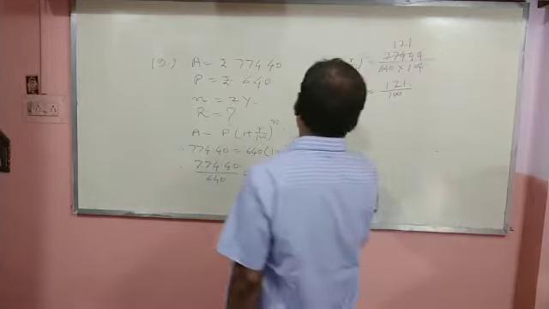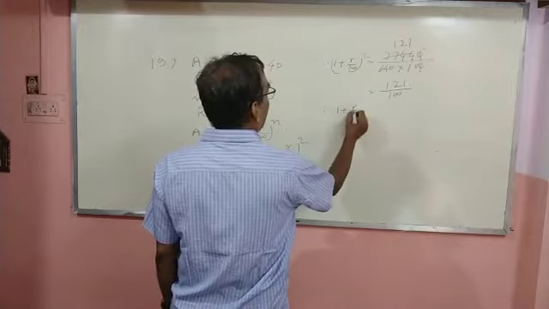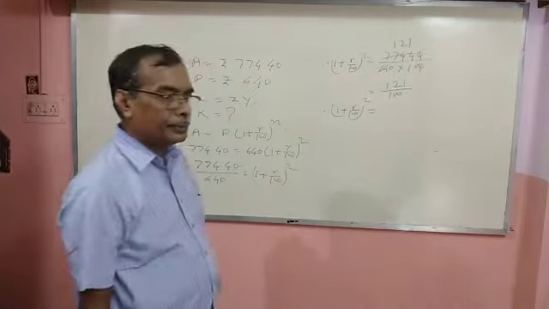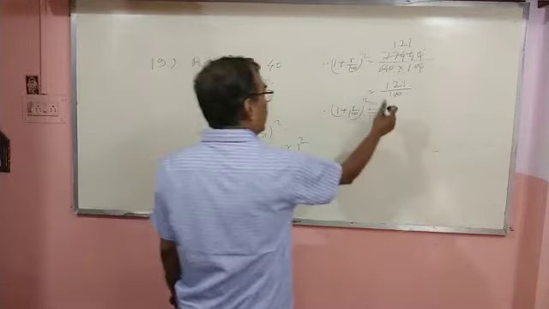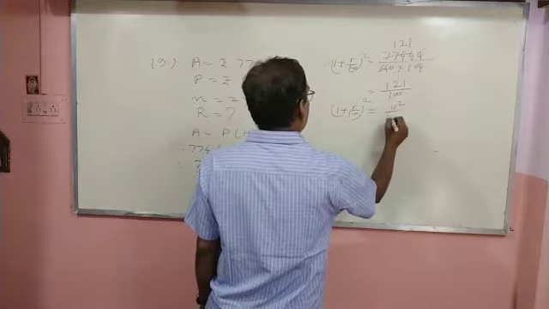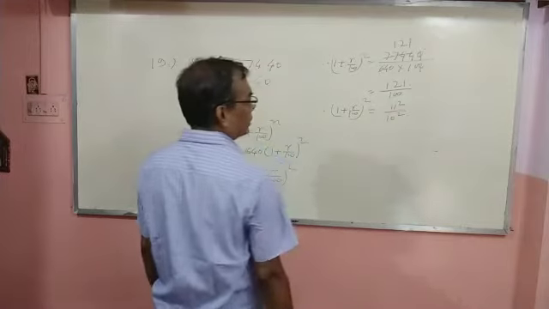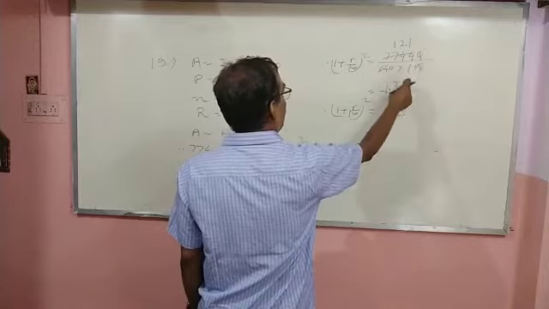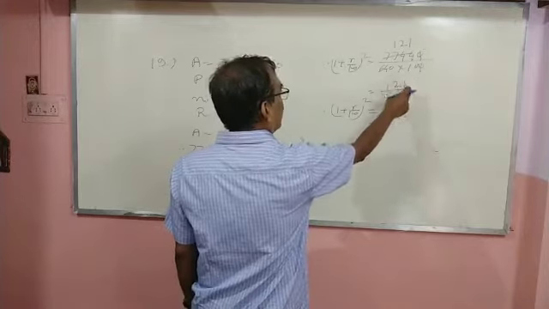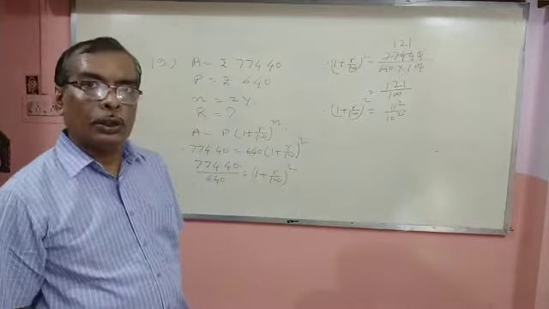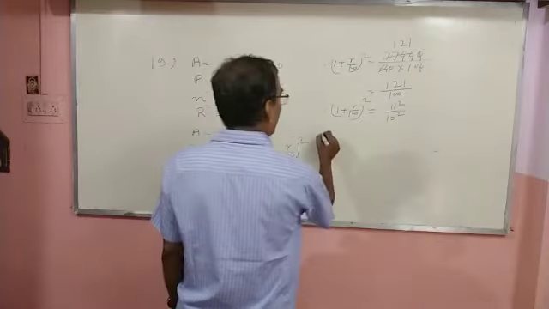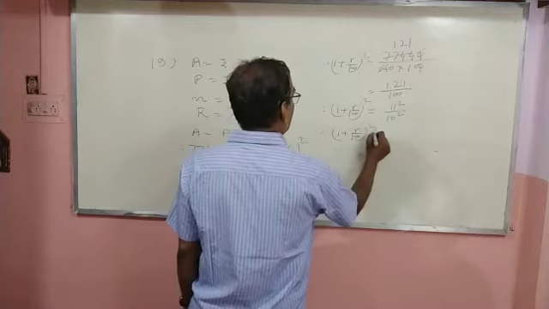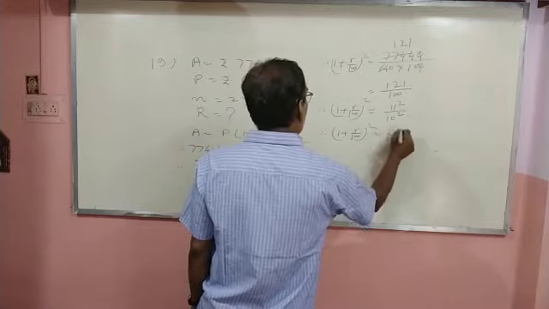So we can say 1 plus R by 100, this power 2 gives us a hint here. This 121 you can write as 11 square, and this is 10 square. When numbers come with power 2, don't disturb this. So 1 plus R by 100 whole power 2 is equal to 11 by 10 whole power 2.